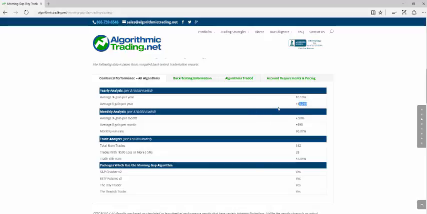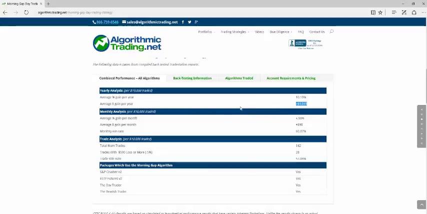Now I know that that's a very small number, and something that most traders would have no interest in using an algorithm like this because of that. However, with these day trade algorithms, it doesn't really matter as long as it's profitable and meets the conditions that we look at for a good algorithm.